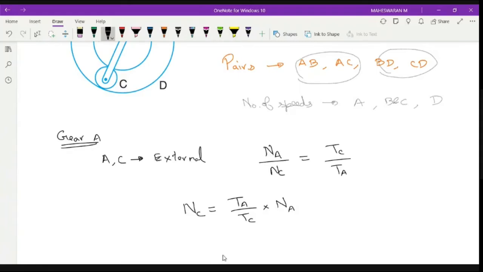This is the first relation, and it is equal to NB also, because B and C are compound gears. They have the same speed. Any doubt in this?